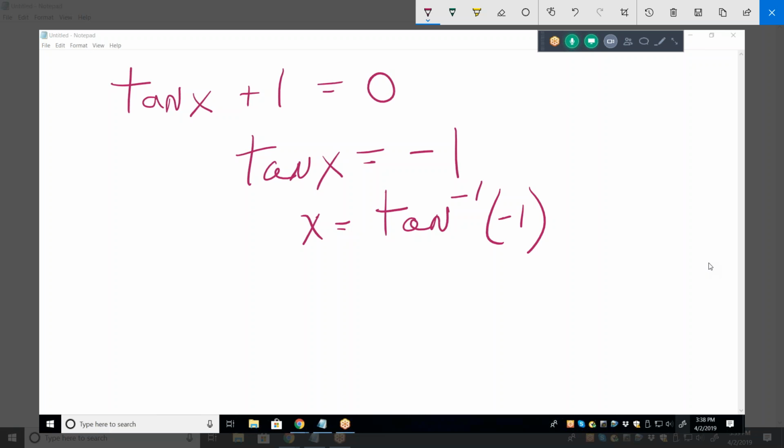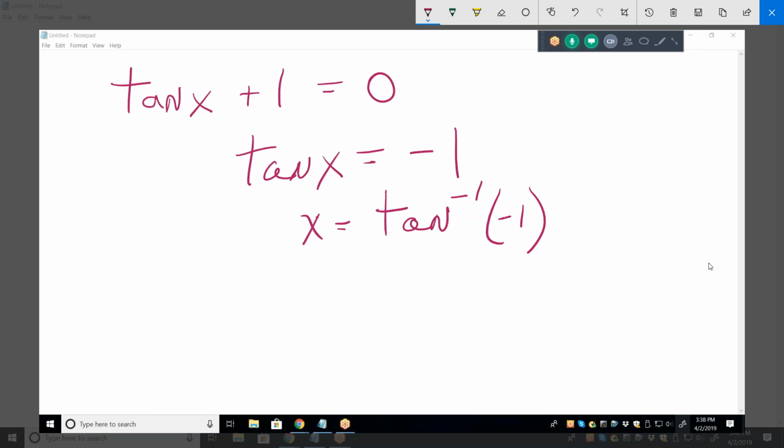Now, the real question here is, do they give you a domain with this equation? Do they tell you that x is between 0 and 2 pi, or what? For this, they say find all the solutions.